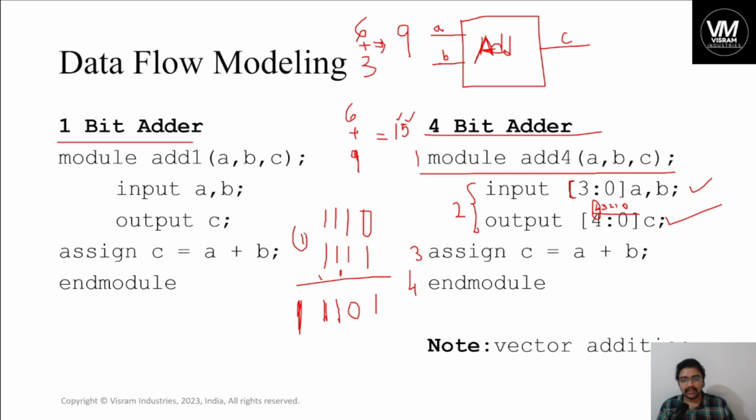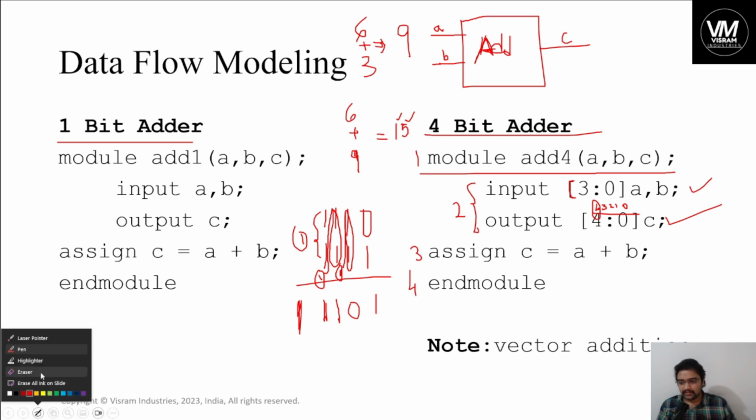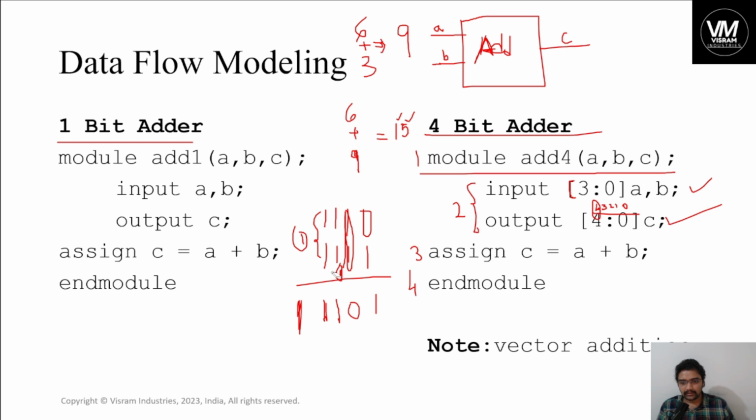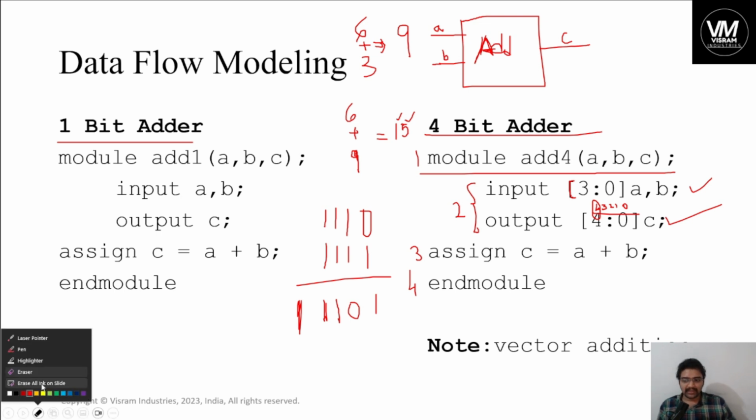So this is the carry for these two elements, and this is the carry for these two elements, and this one is carry for these two ones. You might get confused with all these things, but don't get confused. After adding 1 1 you will get sum as 0 and carry as 1. That's what we do in binary additions.